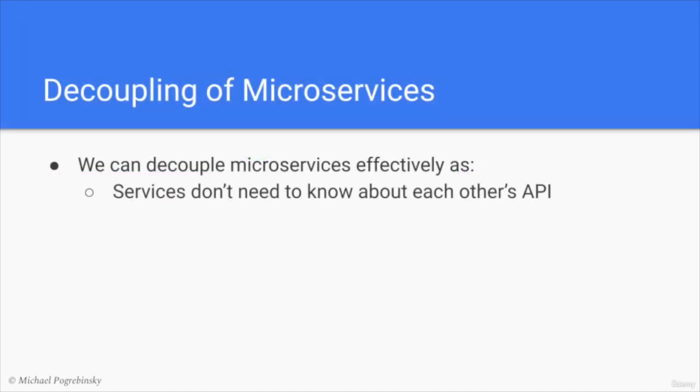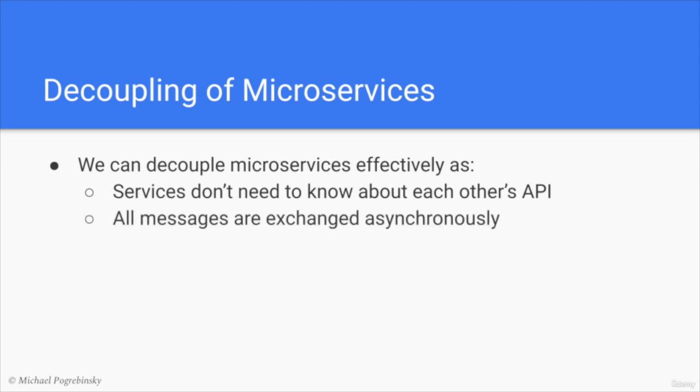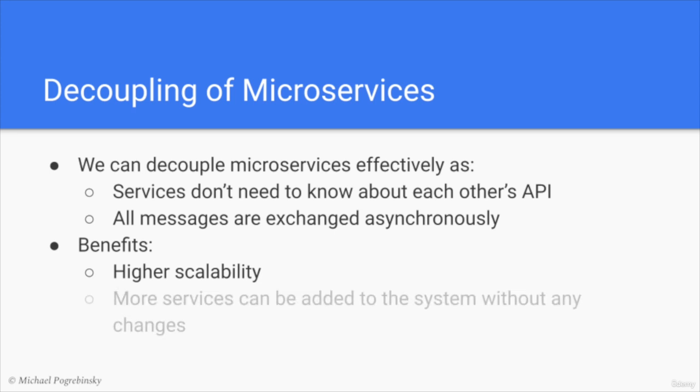Because services don't need to know about each other's existence or API, and all the messages are exchanged completely asynchronously, we can decouple microservices more effectively, which in turn provides our system with higher scalability, and we can add more services to the system without making any changes.